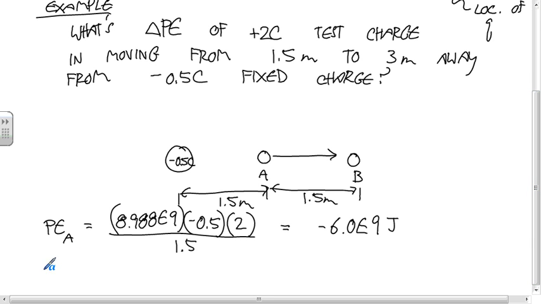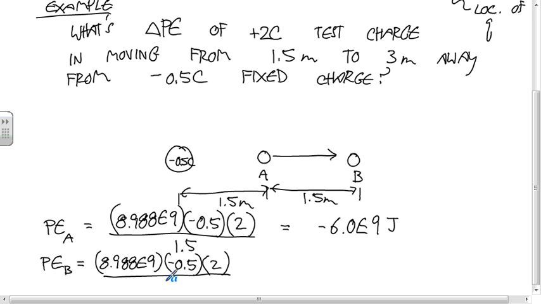And now the potential energy at B is 8.988 times 10 to the 9 times negative 0.5 times 2 divided by the distance between, so that's 3. And so this time you get minus 3.0 times 10 to the 9 joules.